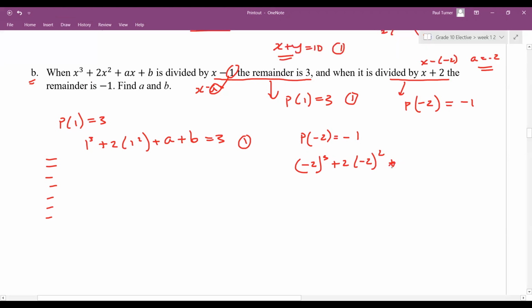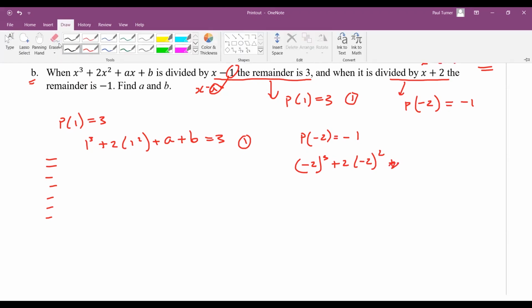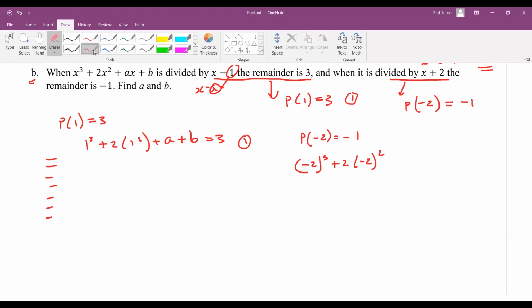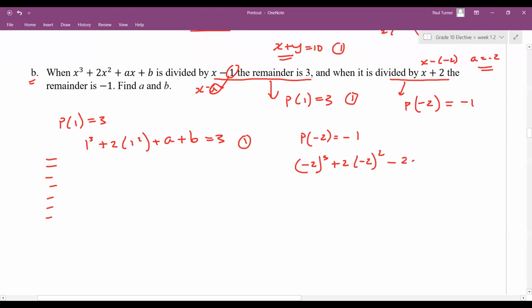If you see an error, say something. So minus 2a and plus b equals minus 1. This will give you your second equation. Again, go and simplify this down and then tell me what you get when you've fully simplified.